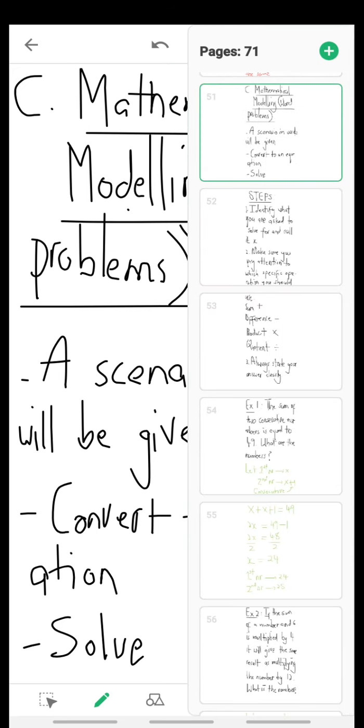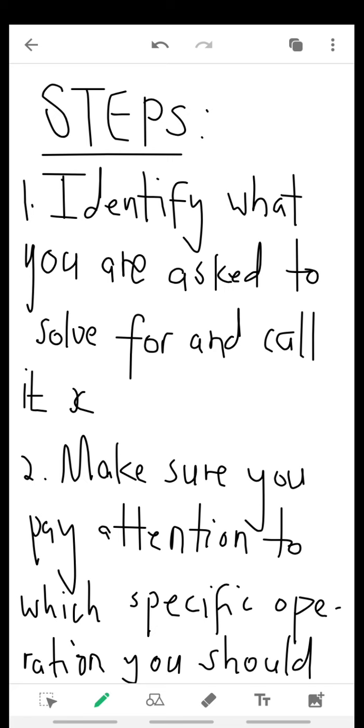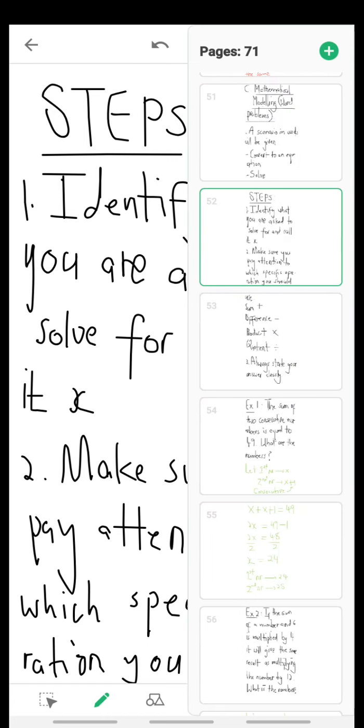So let's look at the steps. 1, you must identify what you are asked to solve for and let it be x. Then 2, make sure you pay attention to which specific operation you should actually use.